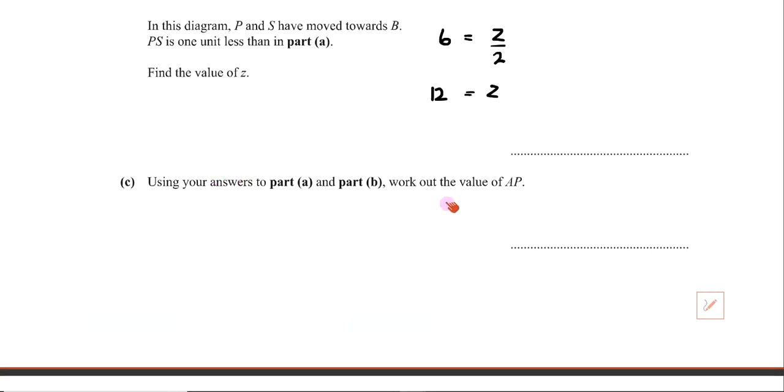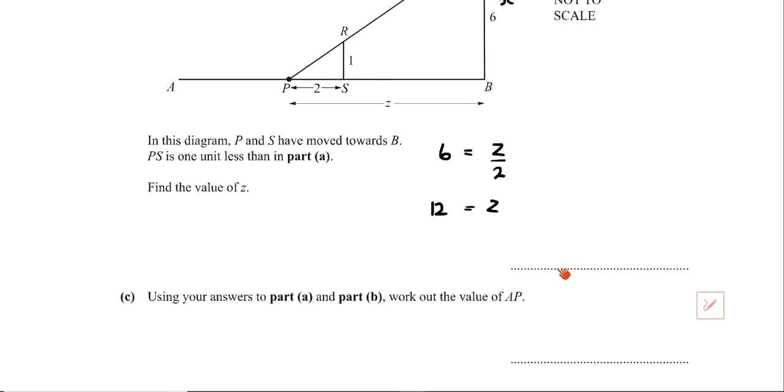Using your answers for part A and B, work out the value of AP. So this is where they add the next bit in, just the answer for the first one, the back information. So what we're saying is AP is equal to AB minus PB. That's a good clue, isn't it? If you look at that, you think that's what I'm going to need to do. And PB is z, which is 12.